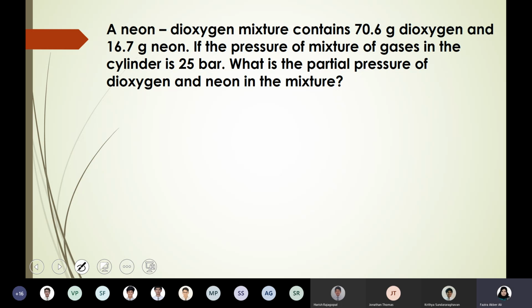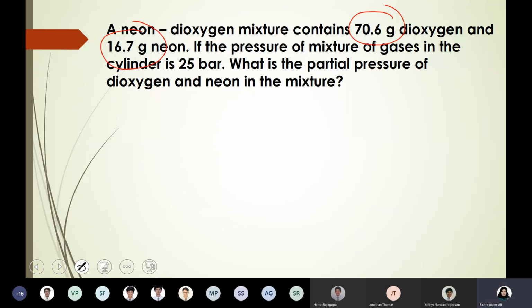This is related to Dalton's law. So first you have to identify what the question is and which law is related, because they are talking about a neon and dioxygen mixture. Dioxygen means O2 gas, which is also known as dioxygen because there are two oxygen atoms in a molecule. The neon and oxygen mixture contains 70.6 grams of oxygen and 16.7 grams of neon.